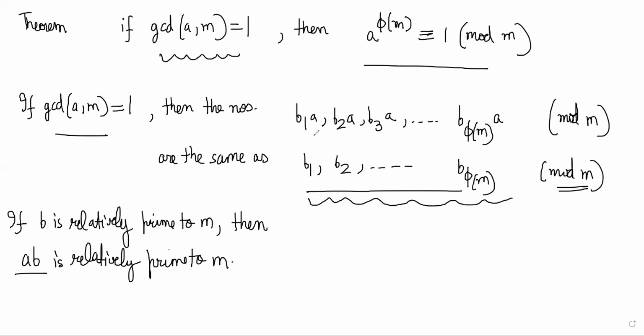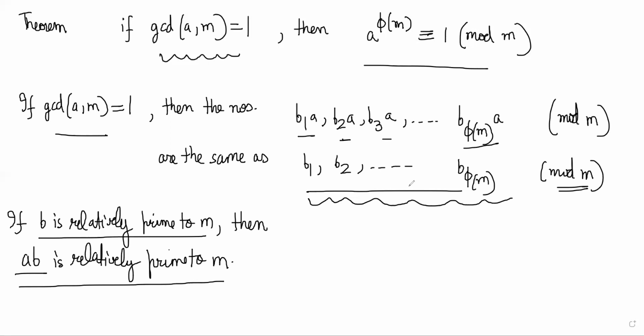The difference between these numbers and those numbers is just that they have been multiplied by A. So what we are saying is that if B is relatively prime to M, then AB is also relatively prime to M.